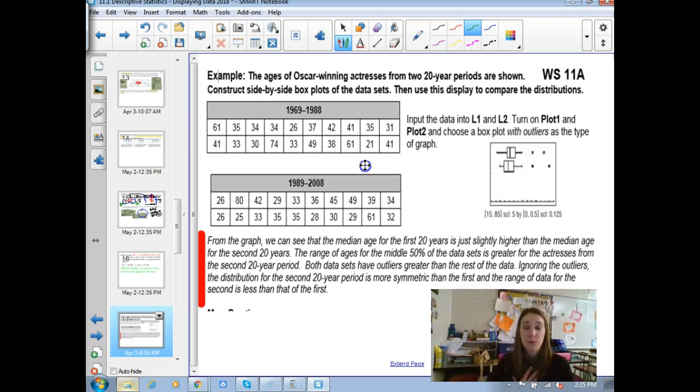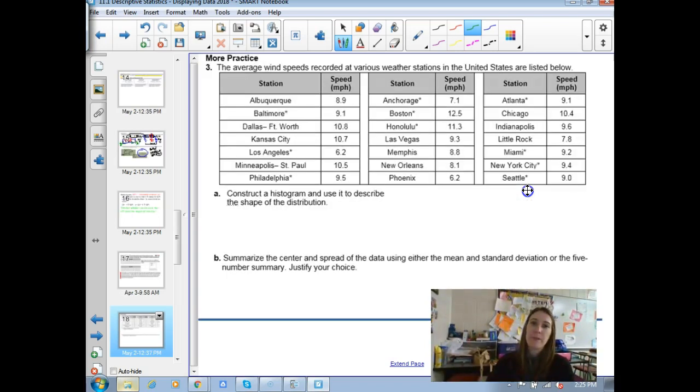I'd have to do that 1.5 times the interquartile range to see if they're outliers, or your other option is to enter the data into list 1 and choose a modified Box and Whisker Plot on your calculator and see if it graphs something that looks like this when you hit zoom stat. If it does, you got outliers. If it doesn't, don't worry about it.